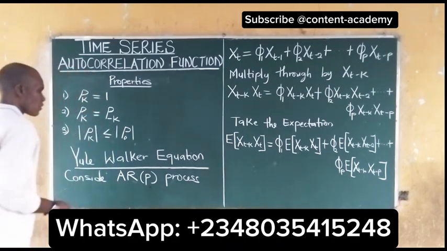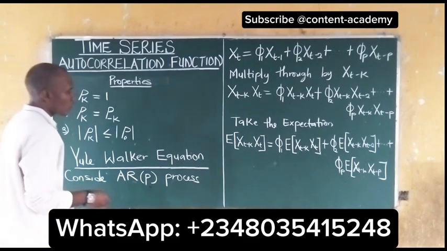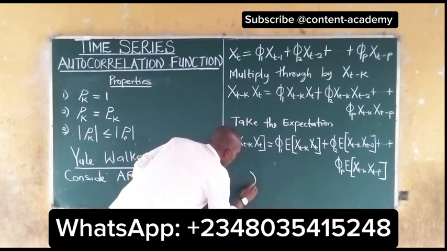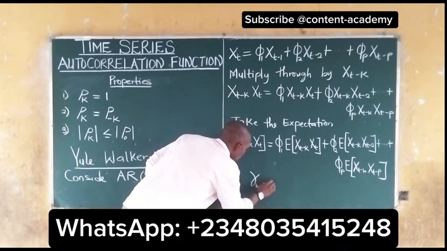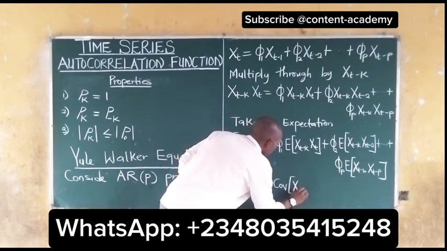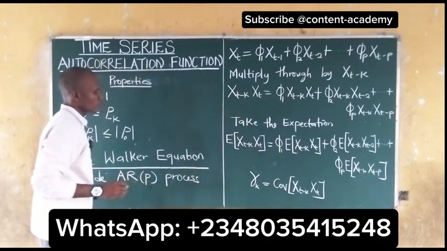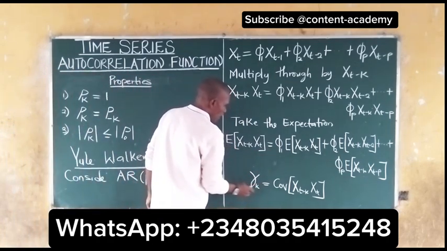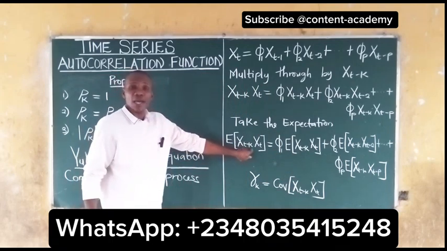Now, we should also recall from the autocorrelation function that R_k is equal to the covariance of x_{t-k} and x_t. So wherever we see this expectation, we put R_k, because it is also equal to the expectation of this product.